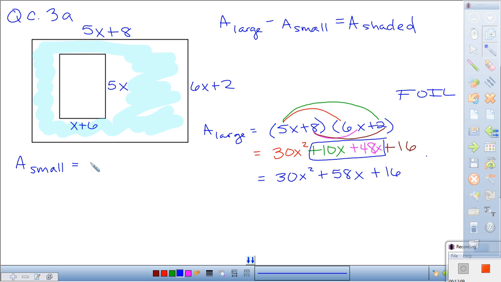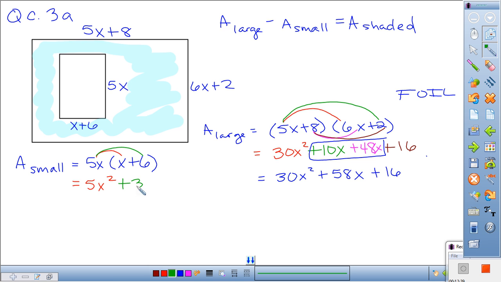Again, length times width, so I have 5x times x plus 6, and all we need to do is distribute. 5x times x, 5x squared, and then 5x times 6, plus 30x. We have no like terms to combine here, so that is the area of our small rectangle.